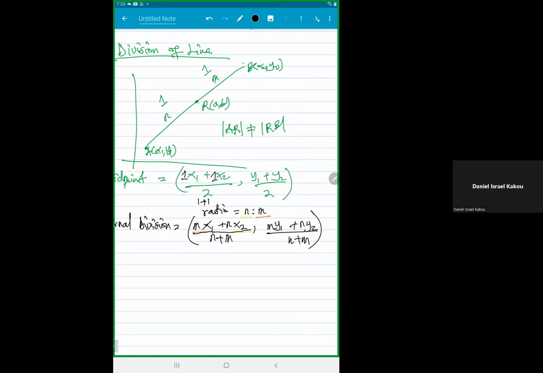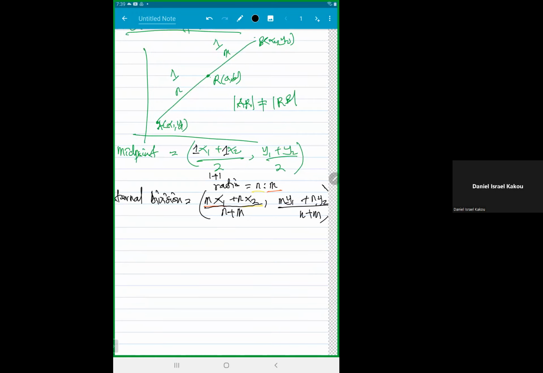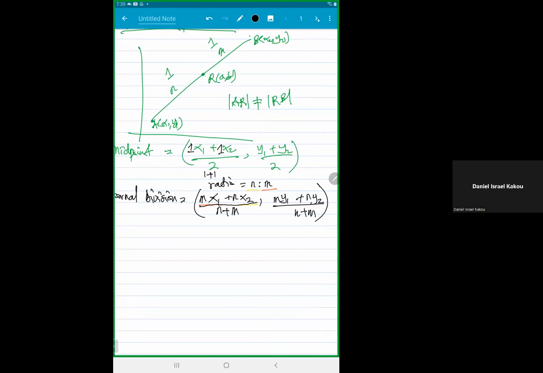So if you know this, you wouldn't even have to remember this as a formula, because sometimes your ratio could be, say, m:n. You've realized that now something has changed. The variables have changed, but it doesn't mean you maintain the same formula. So this time, your formula for the internal division changes.